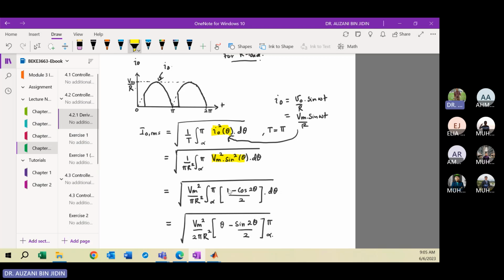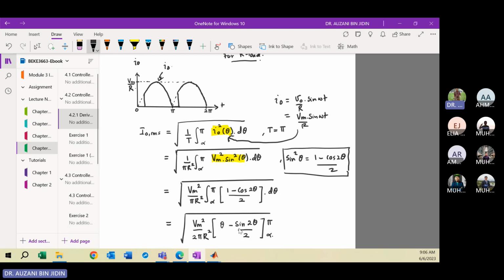Then you can further solve this equation. You need to apply the trigonometric identity, where you can write sine squared theta as (1 minus cos 2 theta) divided by 2. Please look at the trigonometric identity; you can search on Google. Then you substitute and integrate.